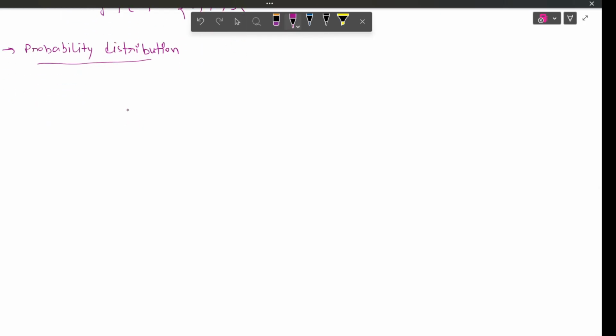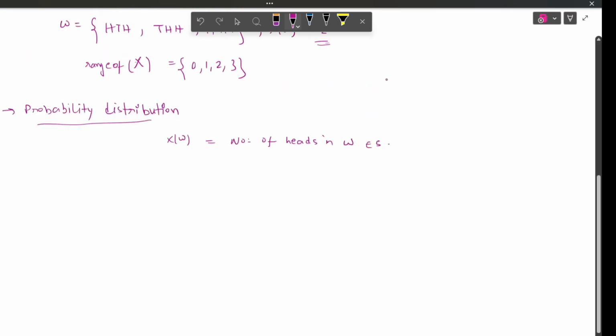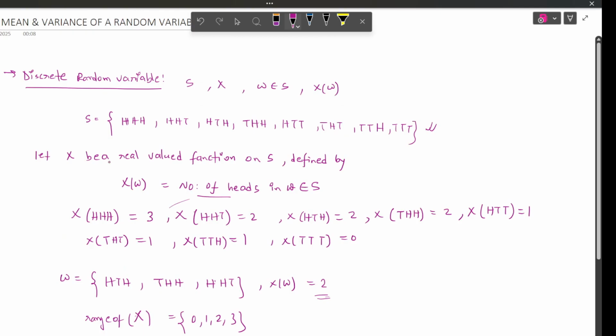So let us say we have a probability distribution with that sample space, and X of W is the number of heads in W, which belongs to the set S. Here also we have defined X of W as the number of heads, so here the number of heads is 2.